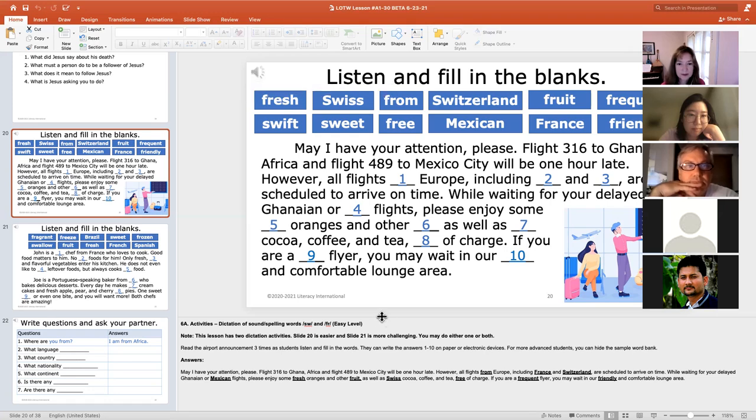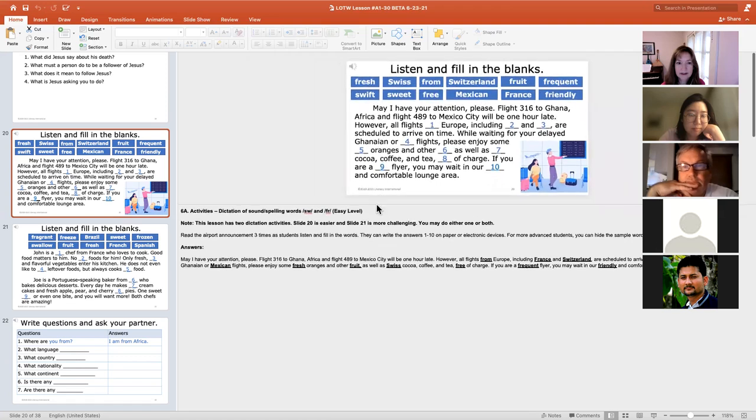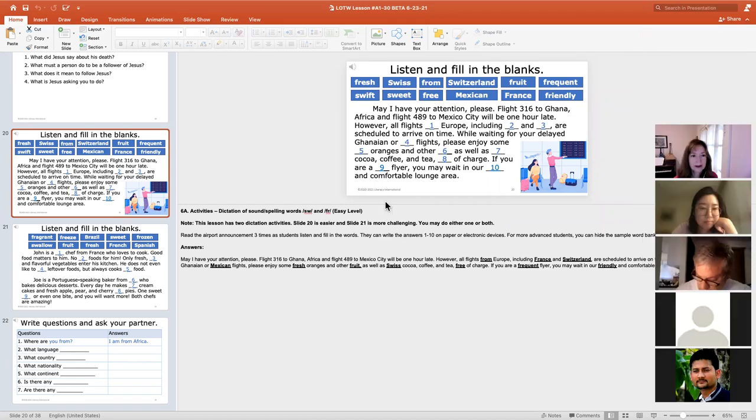But if you want to read it yourself, it's down here in the teacher's notes. And so our teacher's notes always tell us exactly what to do. In this one, it says, read the airport announcement 3 times as students listen and fill in the words.